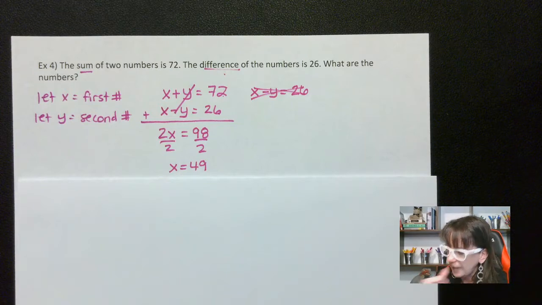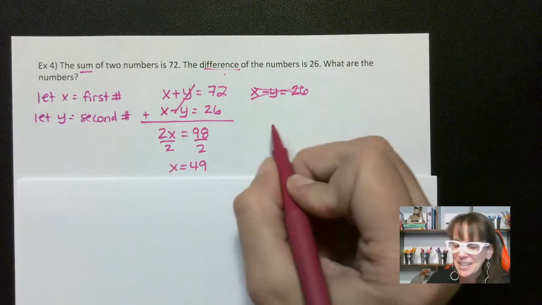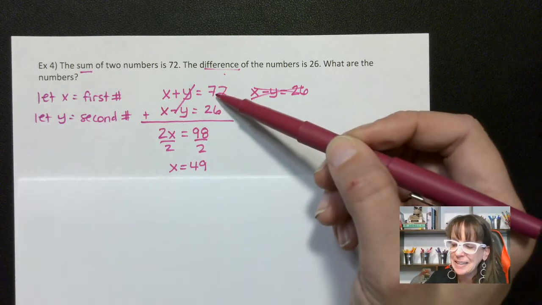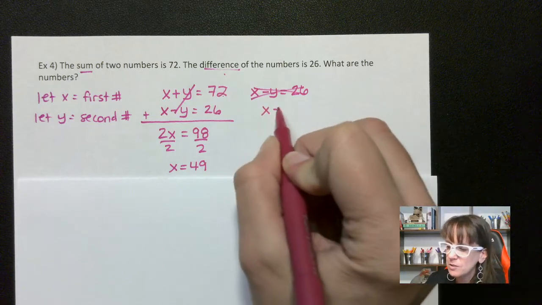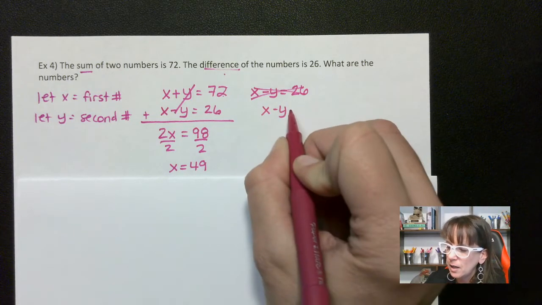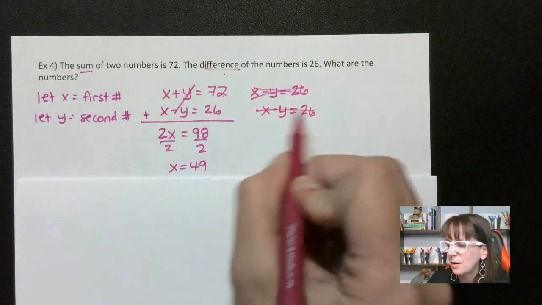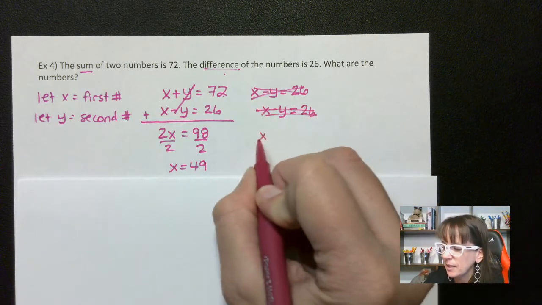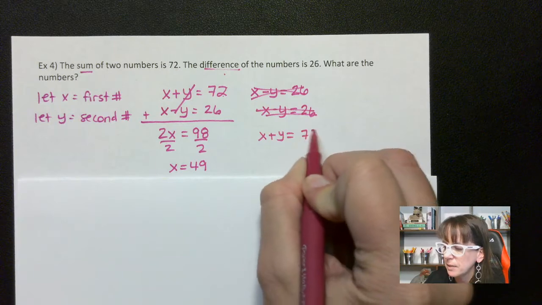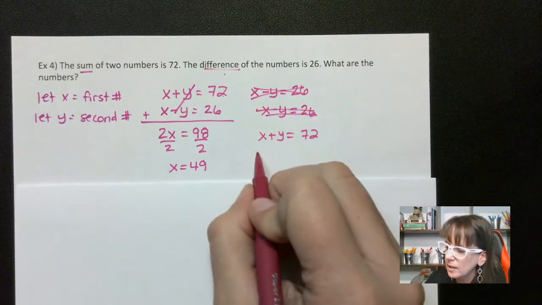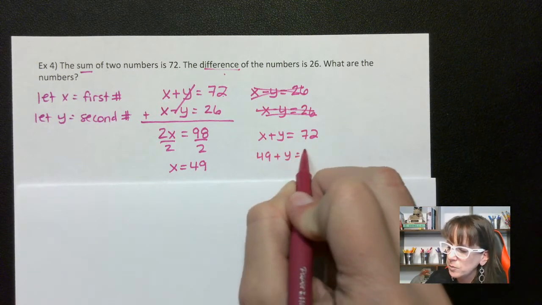What you can do with this 49 is pick either the top or the bottom equation to find Y. Actually, the bottom one has a negative Y, so let's use the top one, because otherwise we have to divide by a negative, and I'm lazy. So 49 plus Y equals 72.